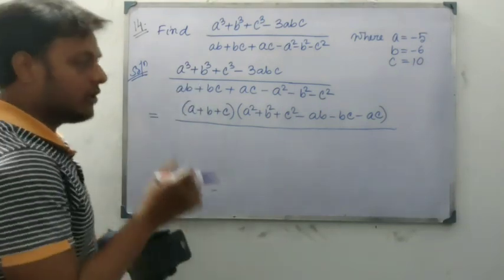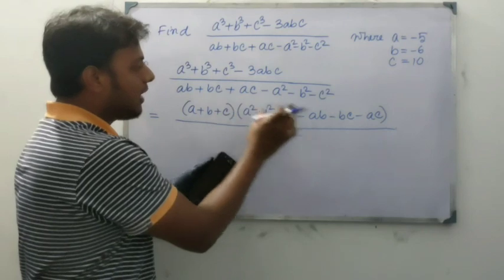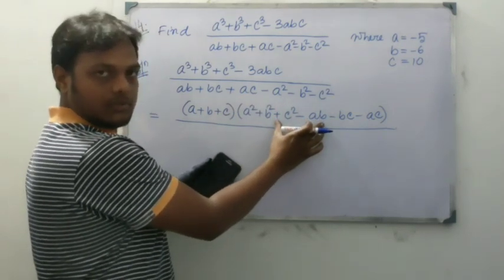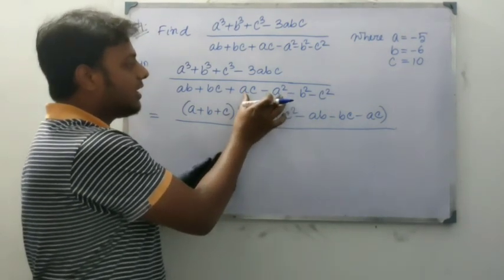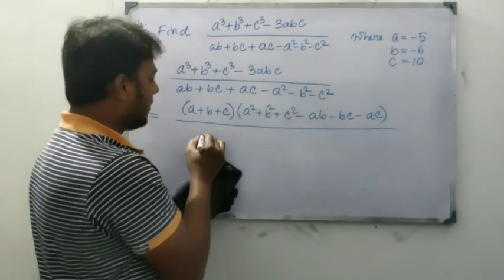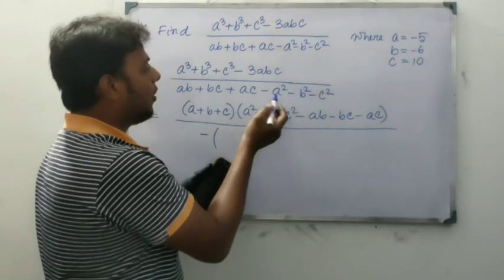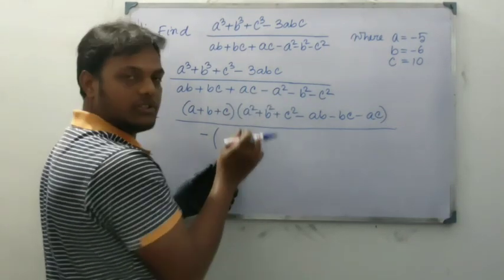Now look into the denominator. If we take common minus 1 from the denominator, all the signs will be changed.